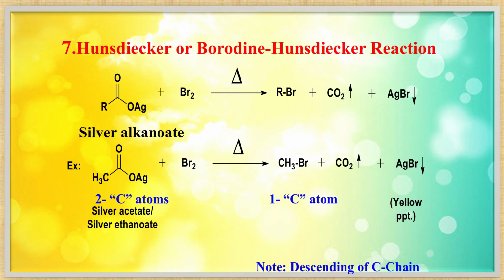Without heat, the reaction will not take place because the mechanism is a free radical mechanism. That means the bromine free radical is going to be substituted. So, now in this case you see the product RBr, CO2 and AgBr. This method is very good because of the byproducts: one is in precipitated form and the other one is a gas, carbon dioxide.